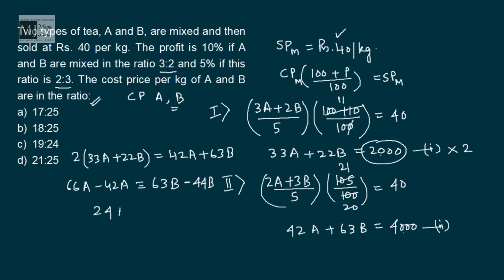So this gives 24A = 19B. That means A is to B is 19 is to 24. That fits in option C.